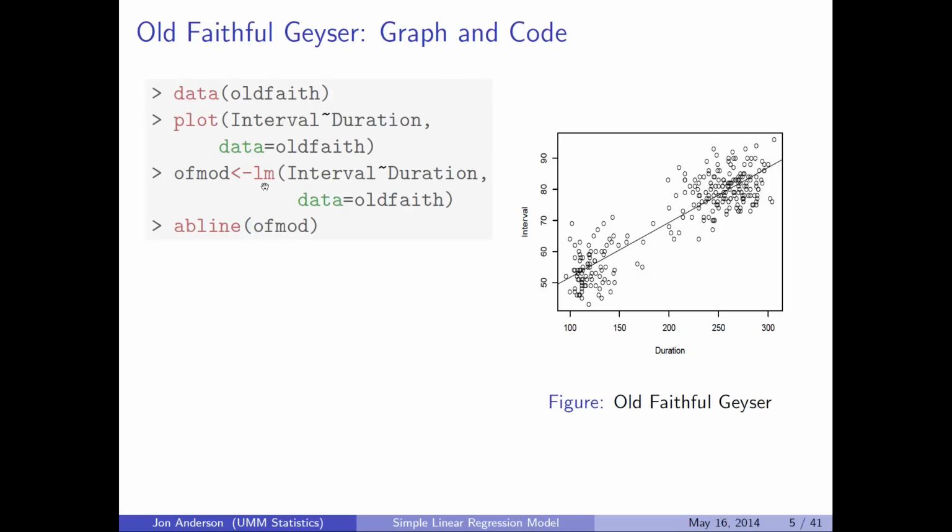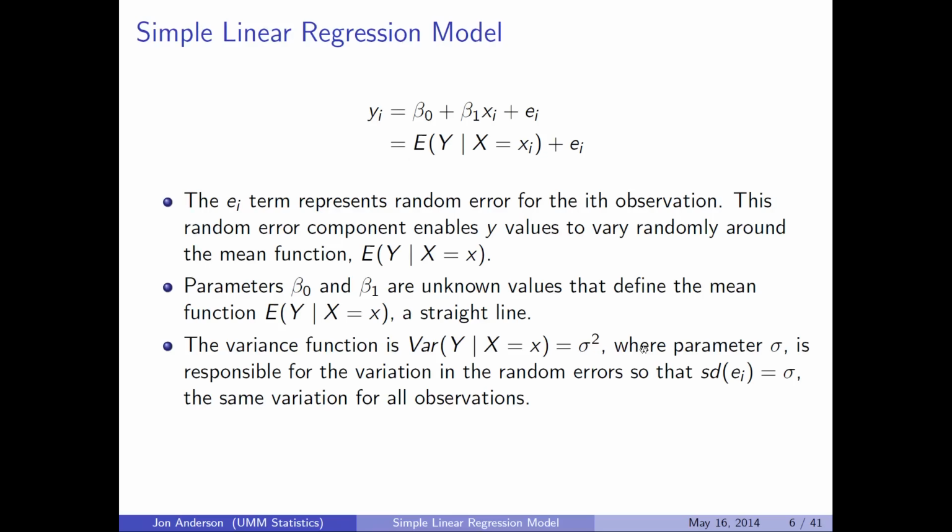The lm function produces an object called OF mod, or Old Faithful model. And in the fourth command we plot and superimpose the very best straight line that we can through these points. That's how we made our display in R.